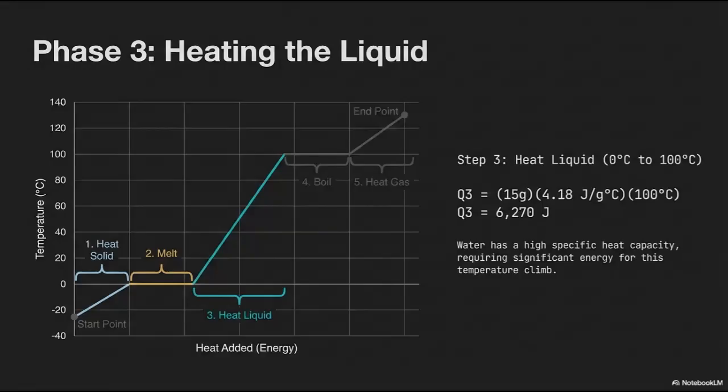Again, Q is MC delta T. The M is still 15. The C, because it's a liquid, is the C of the liquid, which is 4.18. And then the delta T is from 0 to 100, so it's going to be 100 degrees Celsius. I can calculate the heat for that step as 6,270.